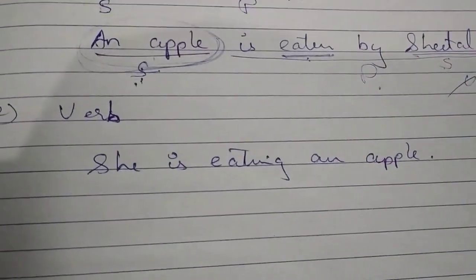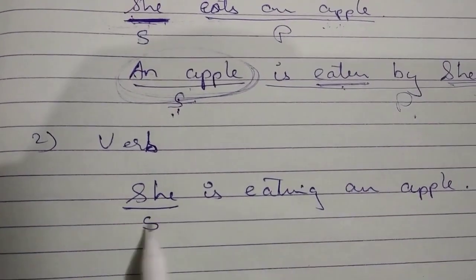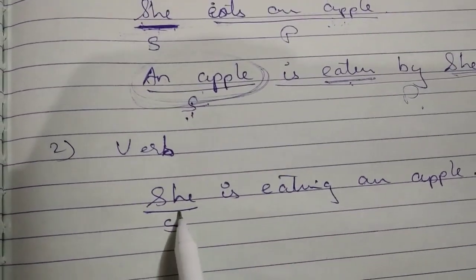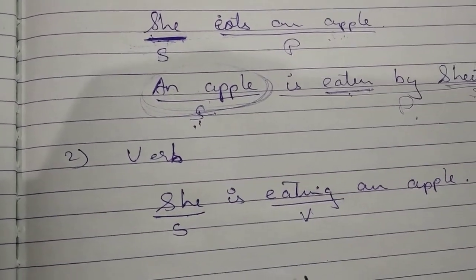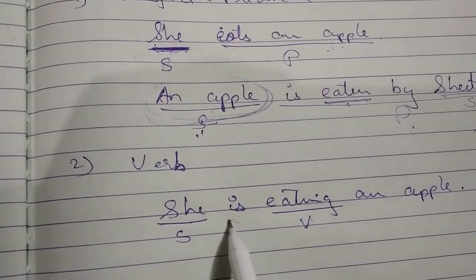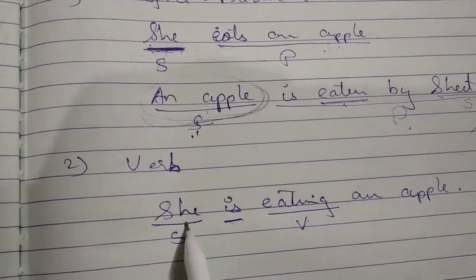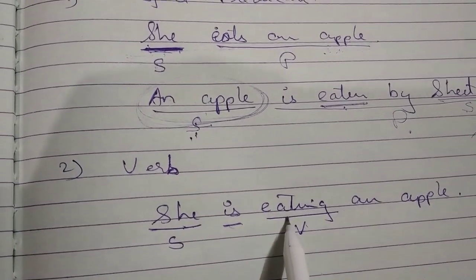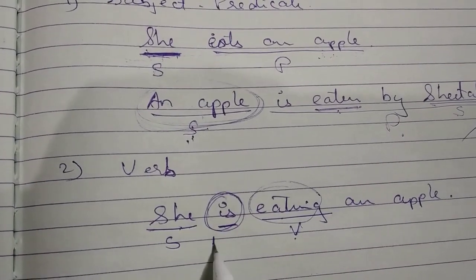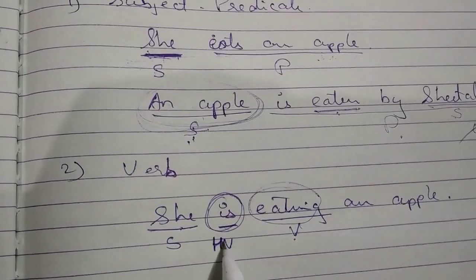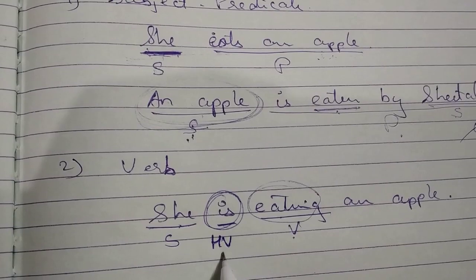Here the subject is she. The subject is doing an action, that is eating. So eating becomes the verb. Now see, the auxiliary is also there. So if the subject is doing any action, that action word will become the verb and the auxiliary will become the helping verb.